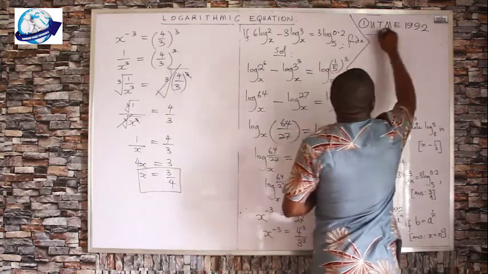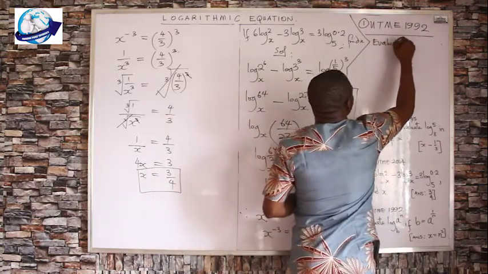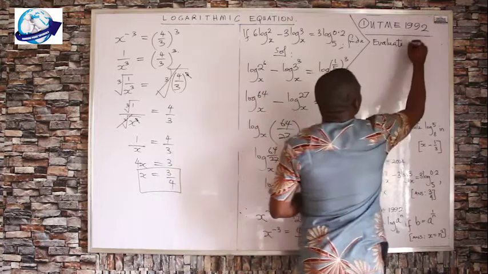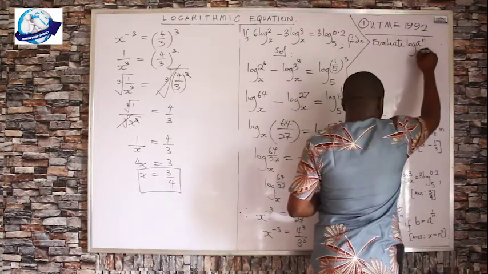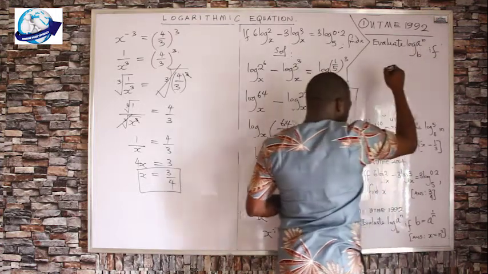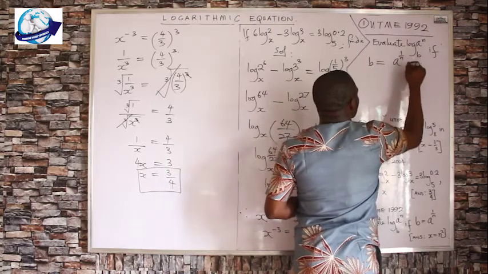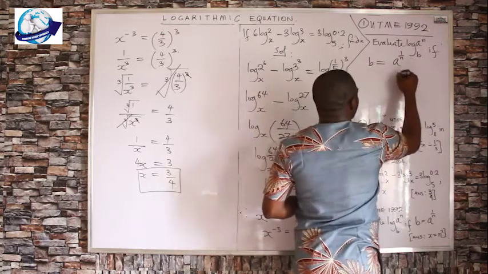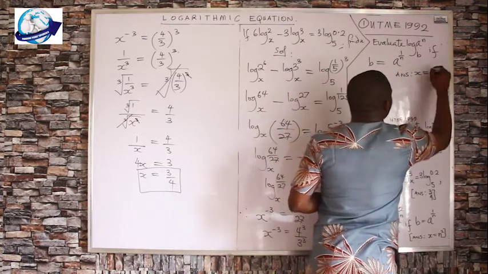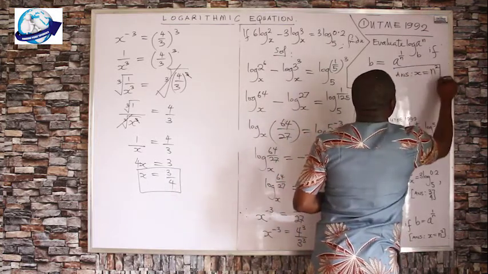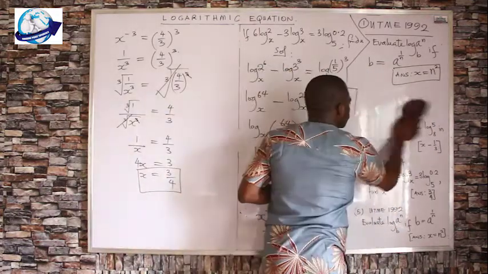It says evaluate log a raised to the power n base b if b itself is equal to a raised to the power 1 over n. Please, you are supposed to arrive at this final value as x is equal to n raised to the power 2. This is the final answer you're supposed to arrive at.